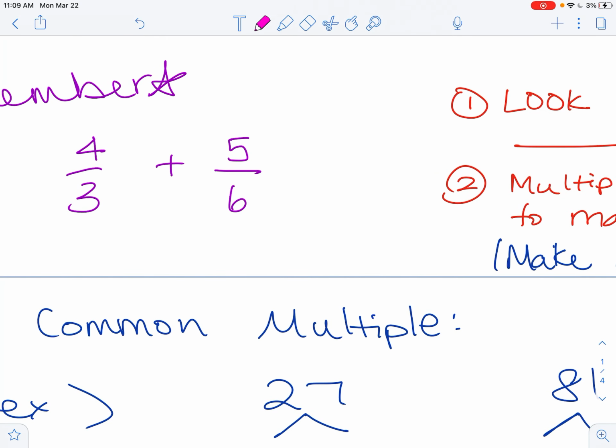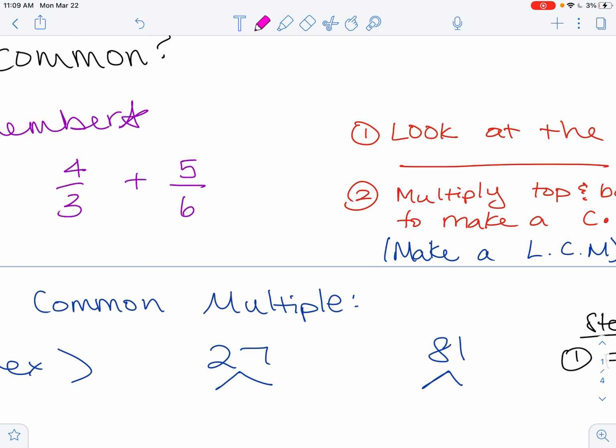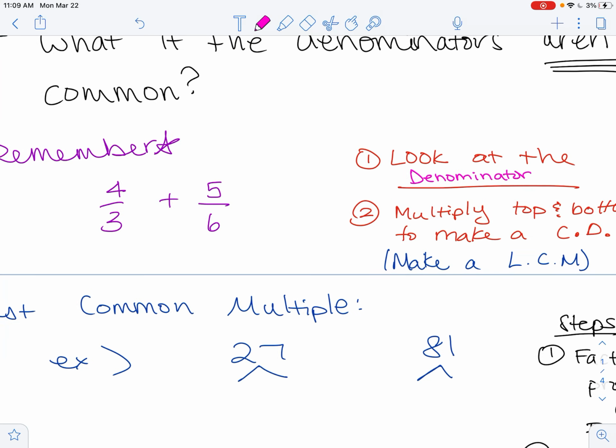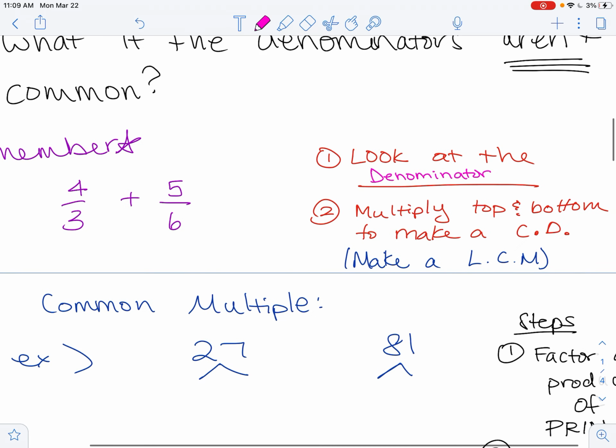Well, if I had 4/3 plus 5/6, we would look at the denominators first. If they're not common, we're going to look at them and say, okay, what can I multiply to make sure that we have a common denominator? The word for this is the least common multiple. What can 3 and 6 both become without getting too big?